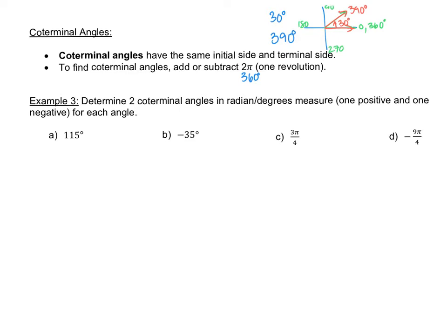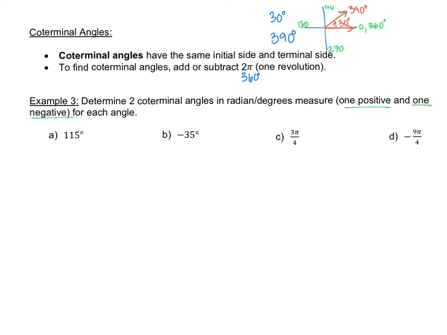It doesn't really matter, but in this case, I want you guys to practice finding coterminal angles, and I want you to be able to find a positive one and a negative one. So if you're given an angle like this, all you have to do is either add or subtract. Let's say I want a positive one.